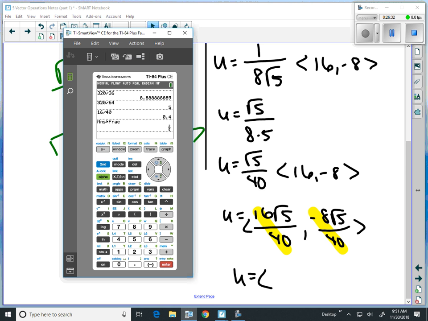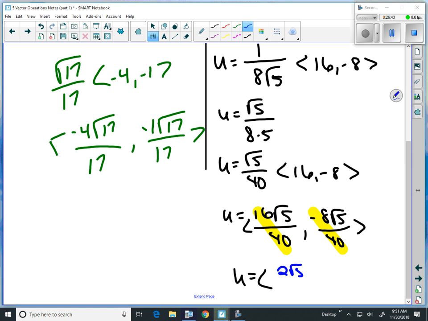And the other one is negative 8 over 40, negative 1/5. So when I write this, this will be 2 radical 5 over 5. This one will be negative 1 radical 5 over 5.